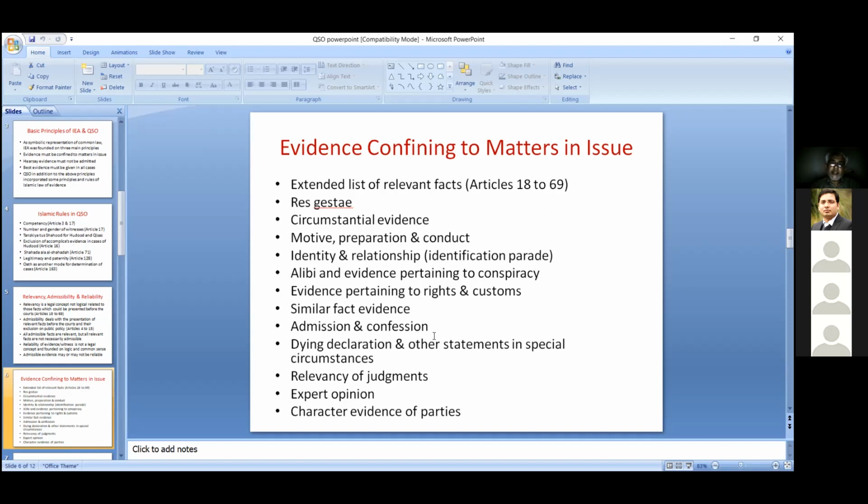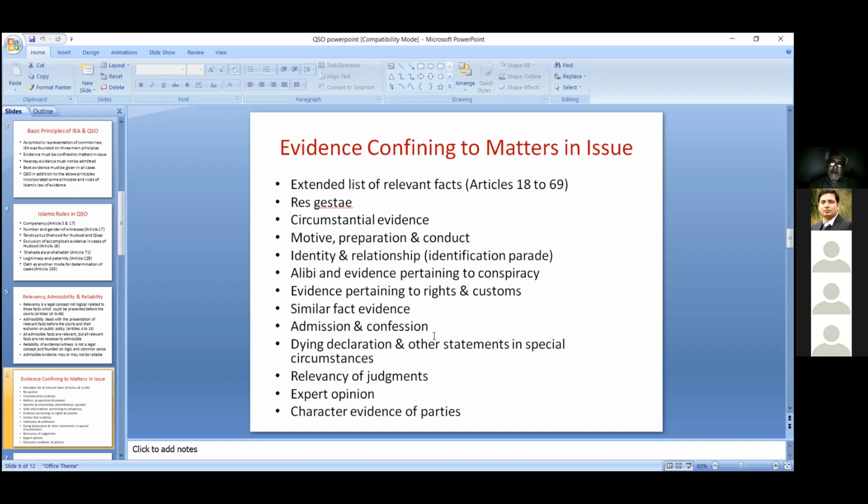Factual proofs cannot be proved on the basis of any other judgment, any previous judgment. So this particular area of relevancy of judgments deals with those situations in which judgments can be produced before the court to prove some particular fact, not some particular law.